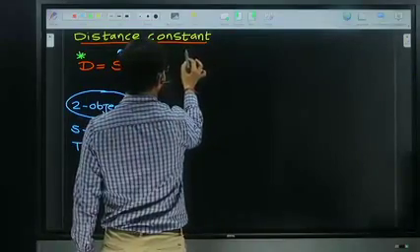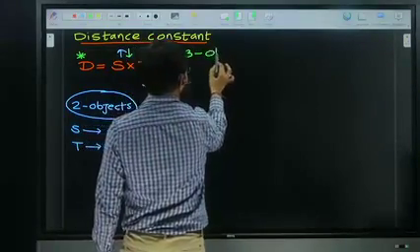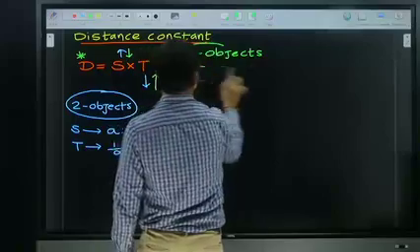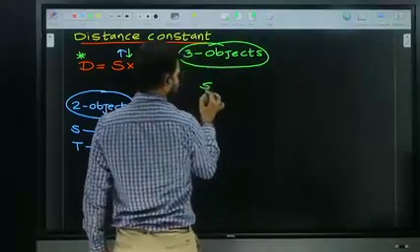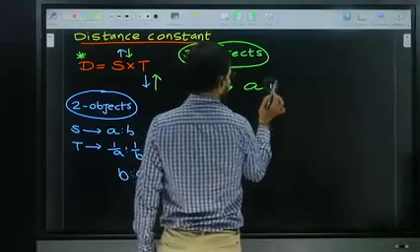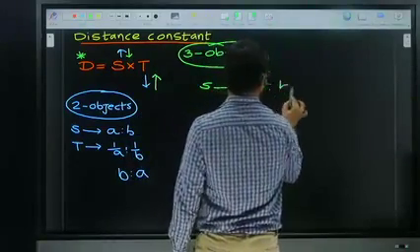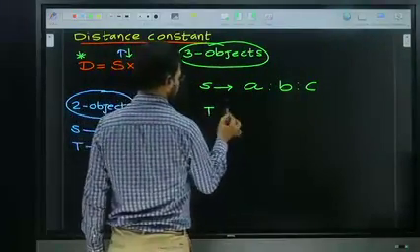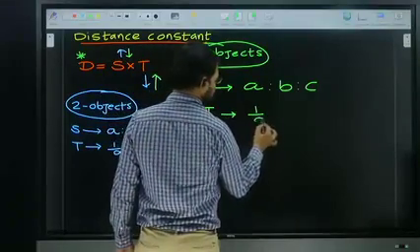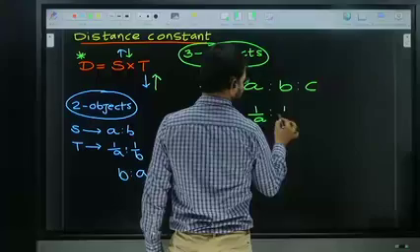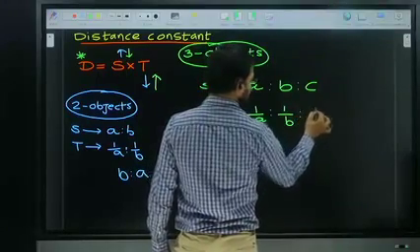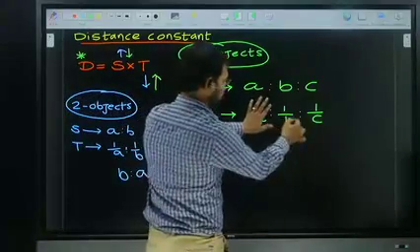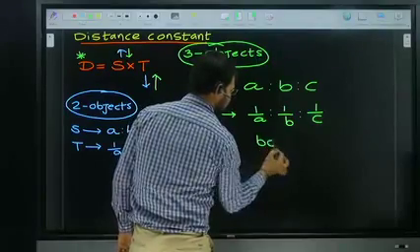Whenever they give three objects and the speeds are in the ratio A is to B is to C, the times are in the ratio 1 by A is to 1 by B is to 1 by C. That is, if you want the first term, close the first term and multiply the remaining two: BC.